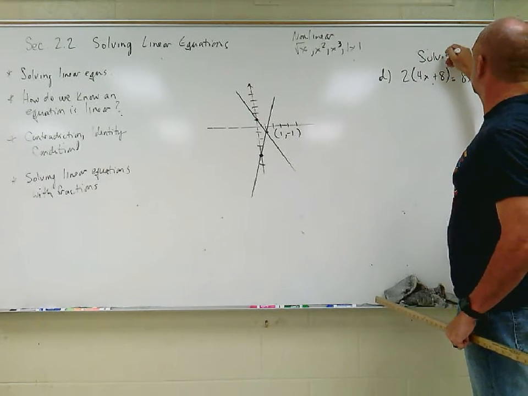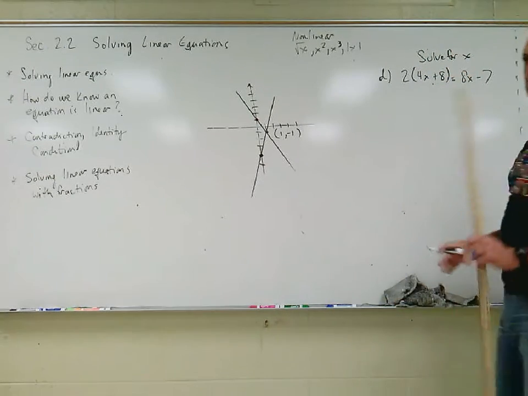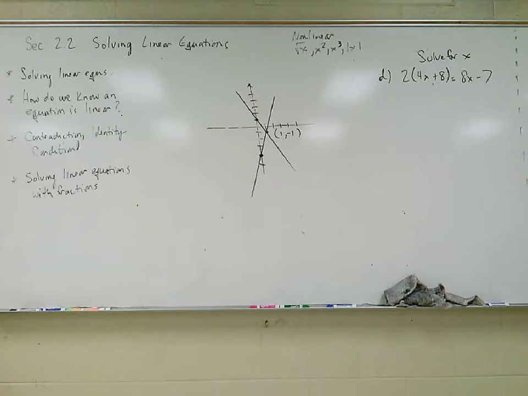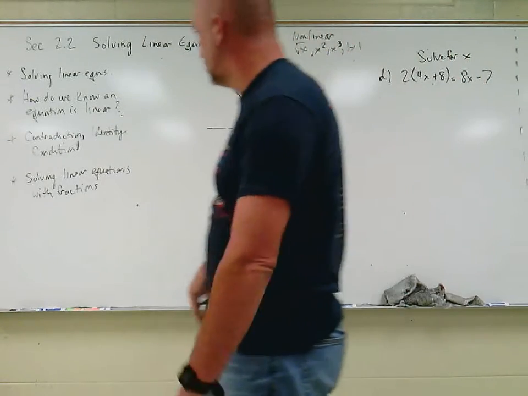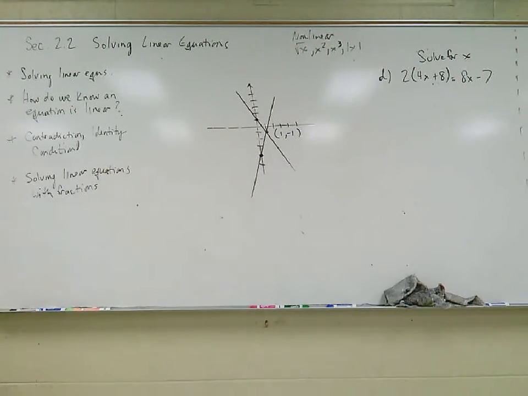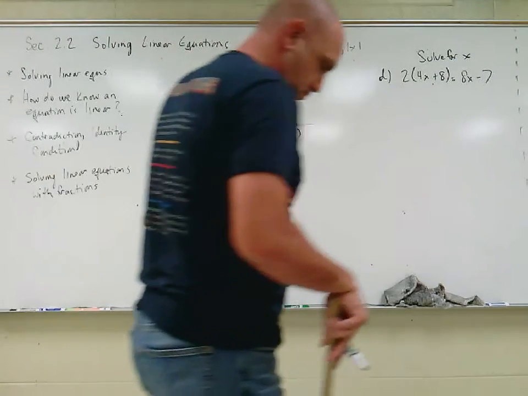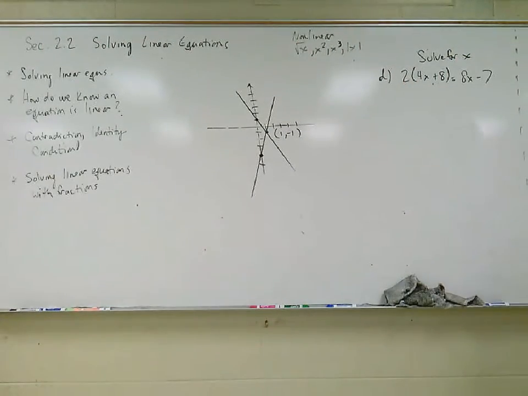Solve for x. Let's see what happens. Remember what we said, expand first and get all the x's to one side and see what happens. Try to get x by itself.